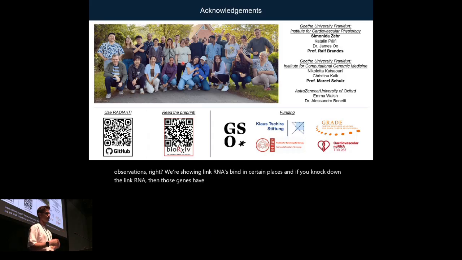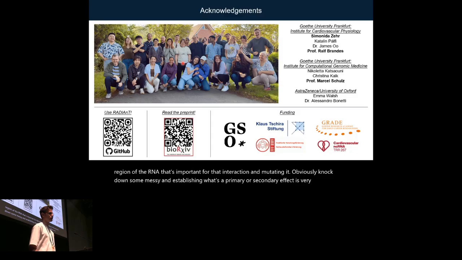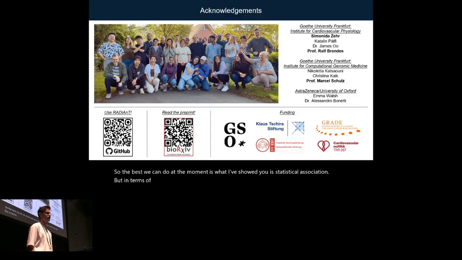You're not linking those things together experimentally unless you start doing much more complex experiments, like figuring out the region of the RNA that's important for that interaction and mutating it. Obviously, knockdowns are messy, and establishing what's a primary or a secondary effect is very difficult. So the best we can do at the moment is what I've shown you, which is statistical association. But in terms of really primary data showing that a lincRNA is a gene regulatory factor, it needs some smarter experiments by people who know what they're doing, I would say.